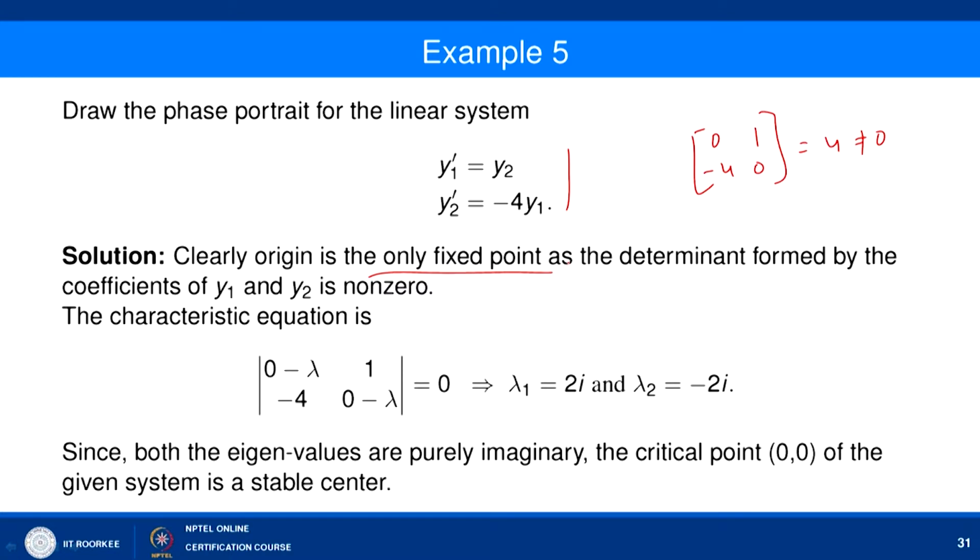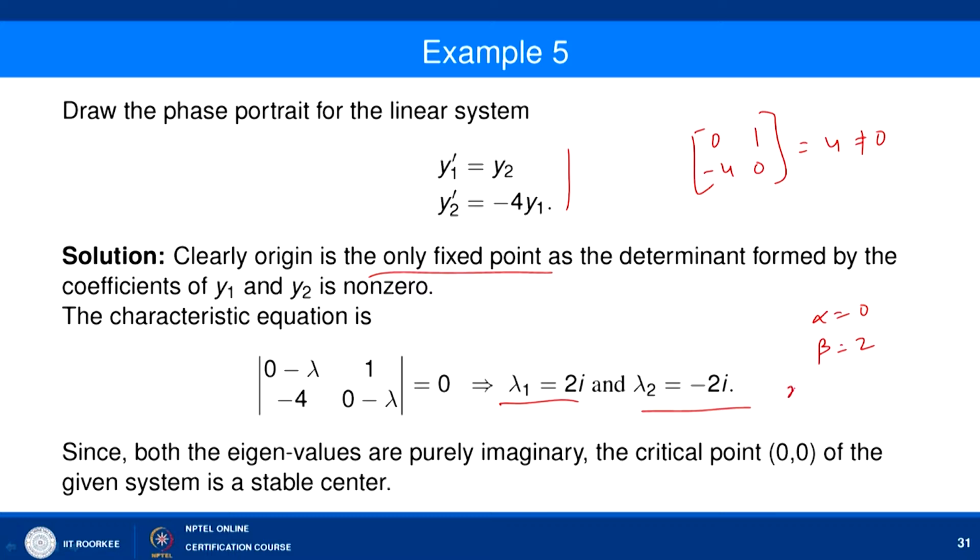Now, the next thing we want to find out is the eigenvalues corresponding to this, and the eigenvalues are coming out to be lambda 1 equal to 2i and lambda 2 equal to minus 2i. So, here if you look, beta is equal to 2 and alpha is equal to 0.